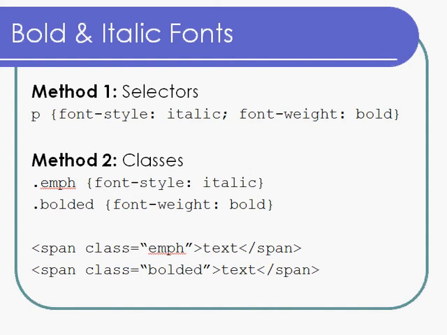Notice that when you apply a class inside the HTML, you don't have to include the dot. That's been a question I've had in the past. You do not have to apply the dot. The second example is a span class equals bolded. I'm applying the bold class to the text in the second example.